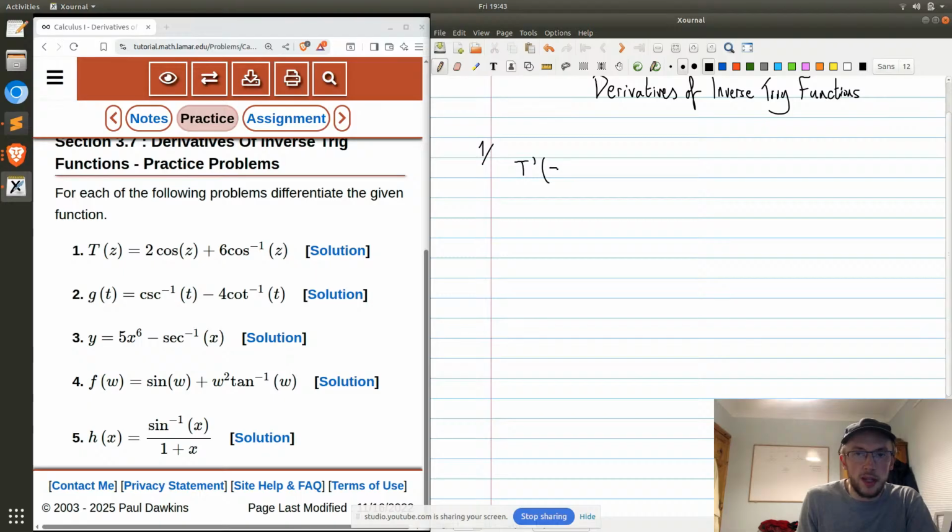So t prime of z would be minus 2 sine z. And then here, this would just be 6 times the derivative of arc cosine of z. So it would be minus 6 over root 1 minus z squared.